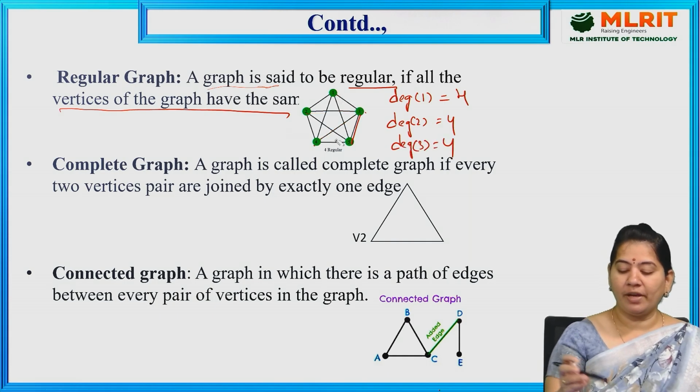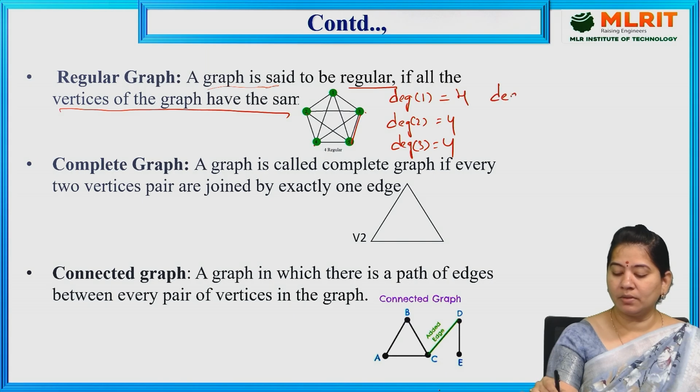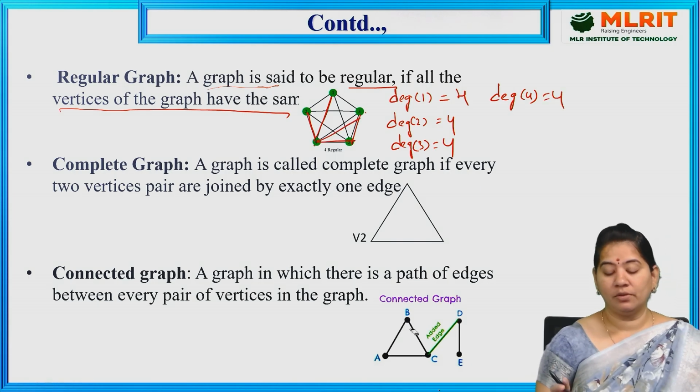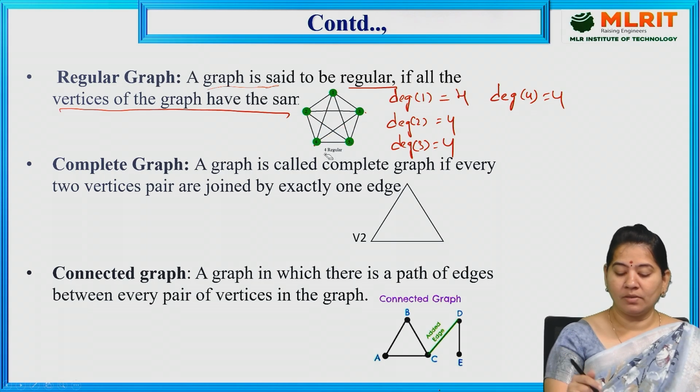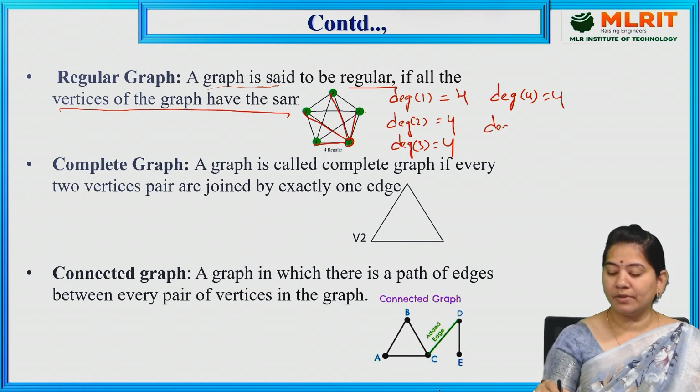In the same way, for vertex 4: 1, 2, 3, 4, so degree of 4 is equal to 4. Next we have 5. Degree of 5 is 1, 2, 3, 4, so degree of 5 is equal to 4.